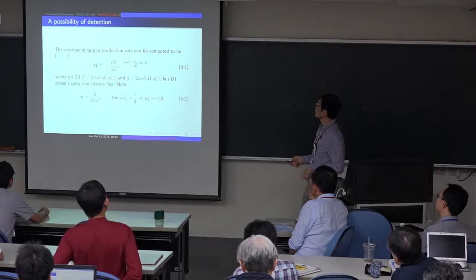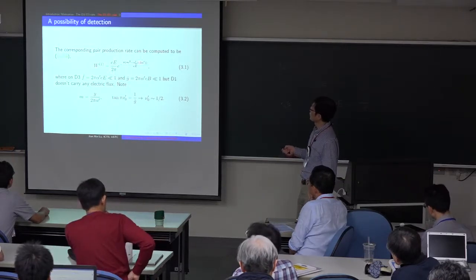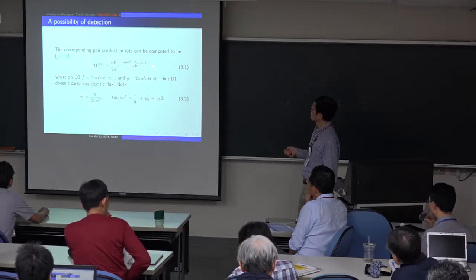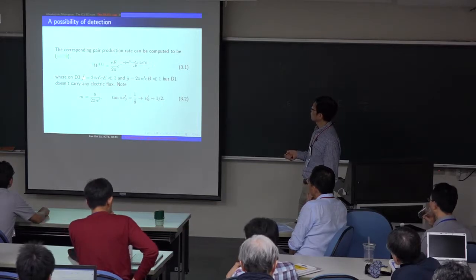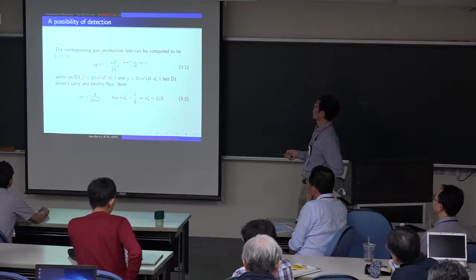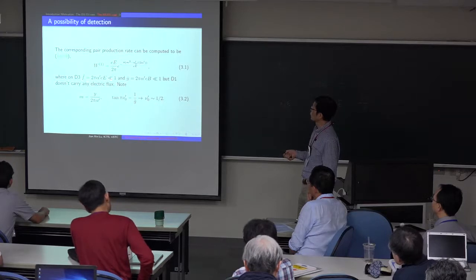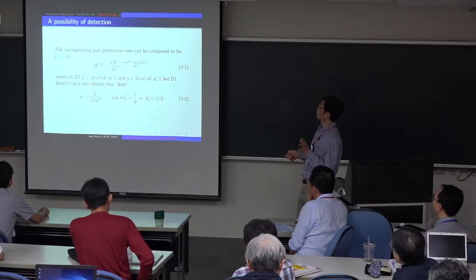If you do the rate computation, you find this one. On D3 we have this kind of electromagnetic flux. We take it as our laboratory one, which should be much less than 1. The magnetic flux is given by this, but on D1 we don't add anything.